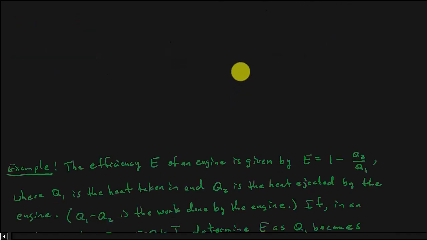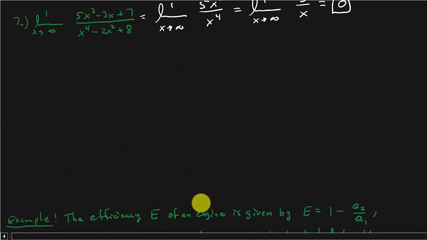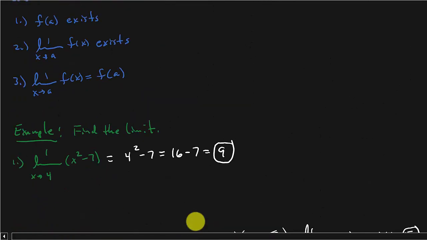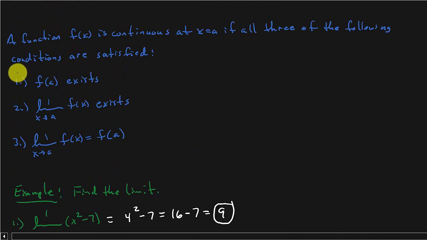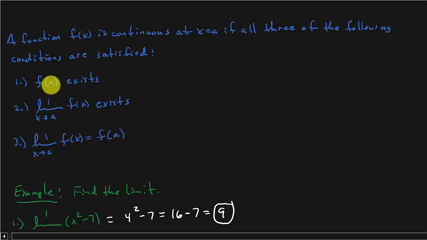And we got this example, but before we get to this example, I want to go back up here and let's look at these conditions here. All right. So let's go back to that piecewise function and show that it's continuous at x equal 2. So we've got to, f of a has to exist, the limit has to exist, and what else?